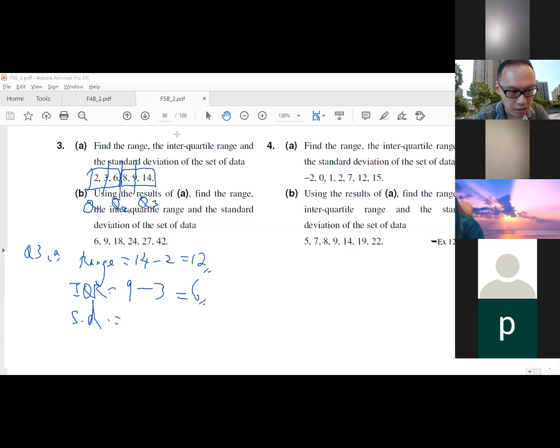第一個 data 係2，入 data 係撳 M 加嘅，記住。So 2 M plus 3 M plus 6 M plus 8 M plus 9 M plus 14 M plus. Okay, so there are totally 6 data. Okay? And how to find the standard deviation?